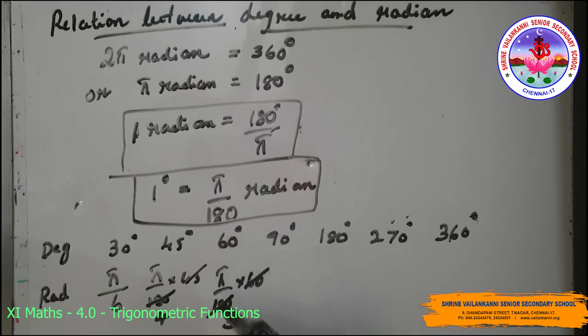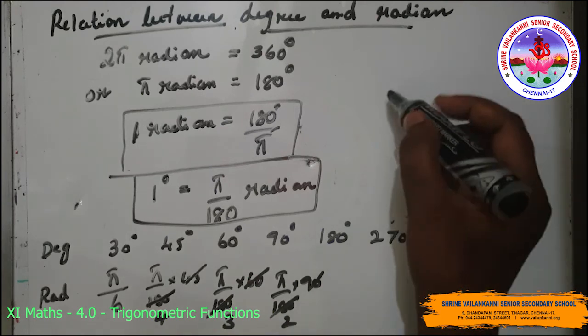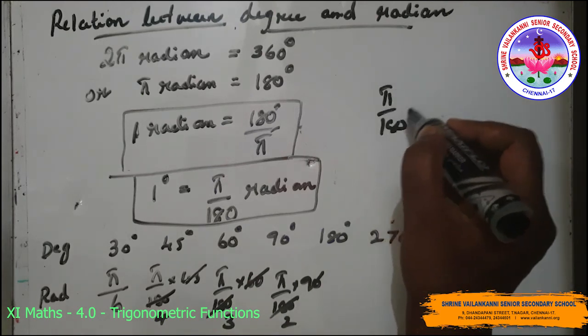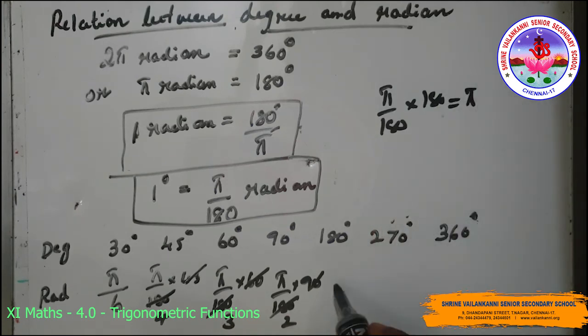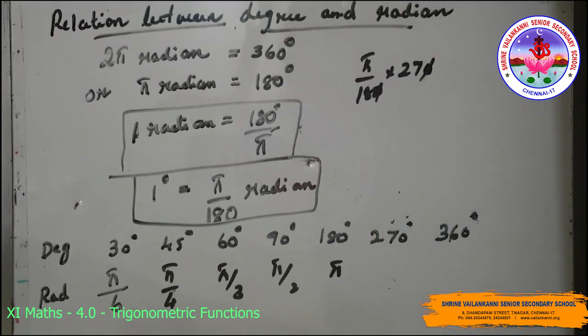So 60 degrees is pi by 3. Now 90 degrees: pi by 180 into 90, that is 2. So 90 degrees is pi by 2. Now 180 degrees: pi by 180 into 180. So 180 degrees is pi radian.